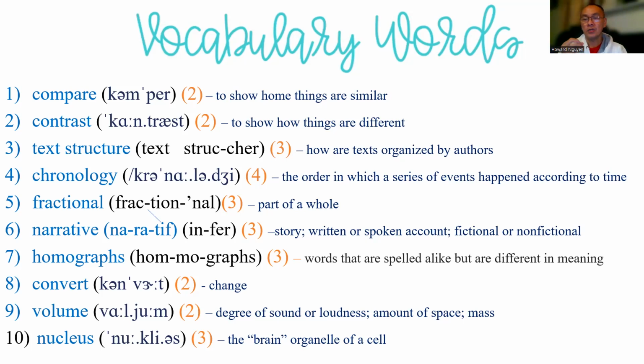Text structure. So let's say you are a writer, a composer, an author. When you write, you want to organize your thoughts. You want to organize the way you present your information. So you use a structure. In academics, we call it text structure, because text is the actual words in a story or in a narrative.